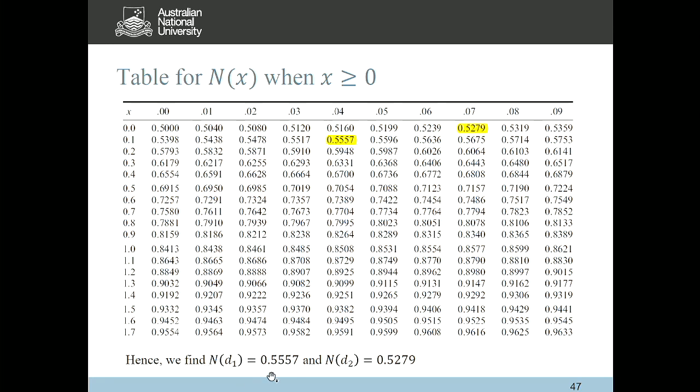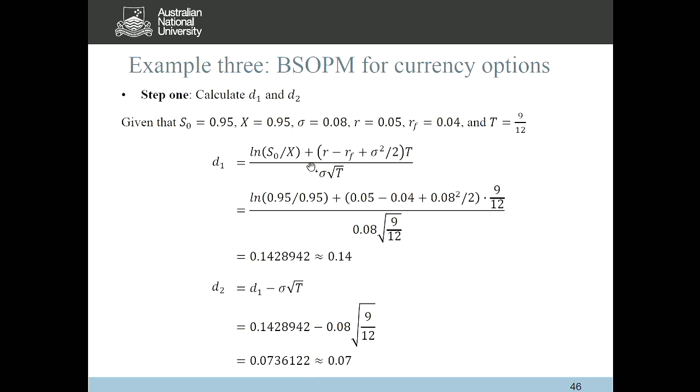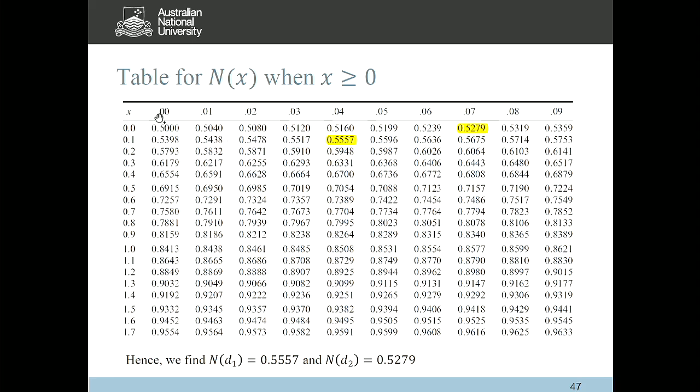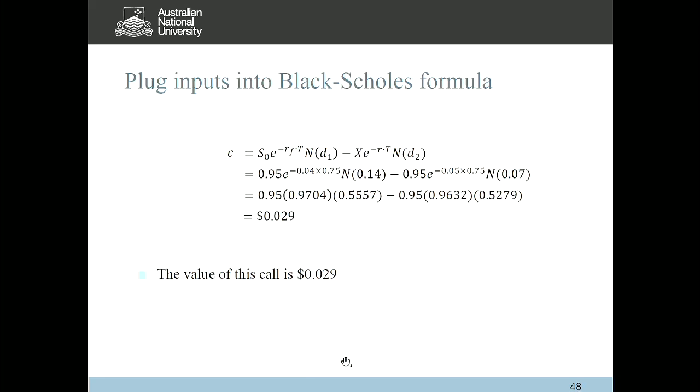So we wrote here, ND1 is 0.5557. Then next thing you'll do is to find the corresponding probability for this D2. So 0.07 is here, and we find out ND2 is 0.5279. Okay? So once we get these two probabilities, we can work out the call option price.